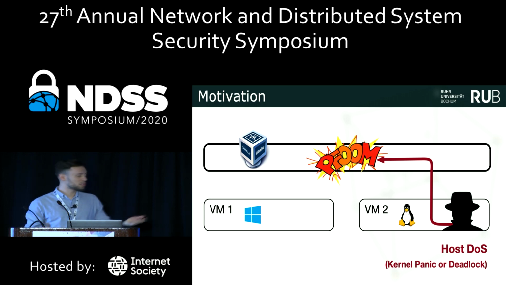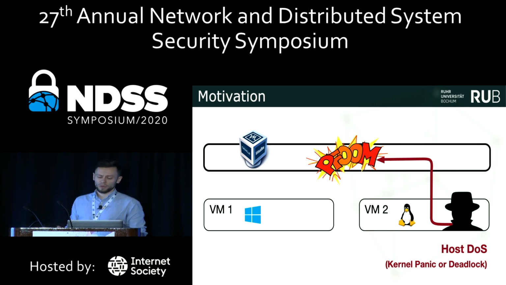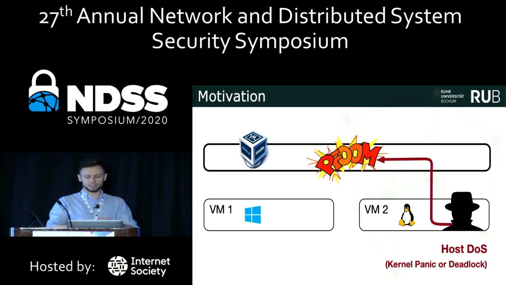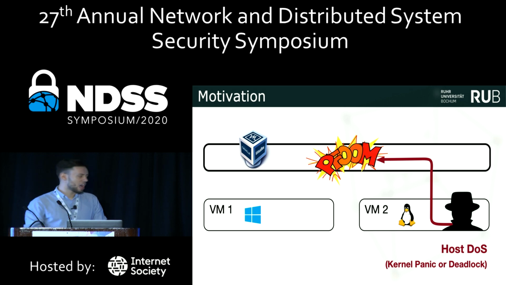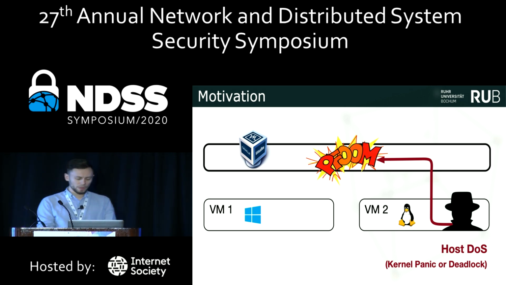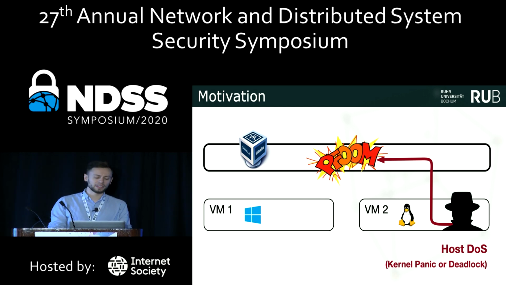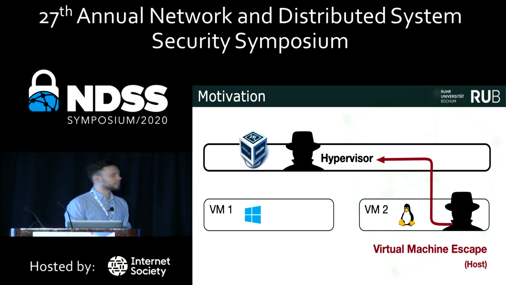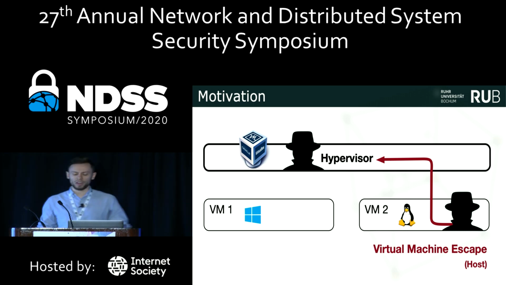So it's possible to crash the hypervisor, and unfortunately, a host denial of service will result in a kernel panic or a crash of the physical machine, and the same will happen with all virtual machines. And the worst case scenario is if you're able to escalate privileges to the hypervisor layer, and then it's basically game over, right?